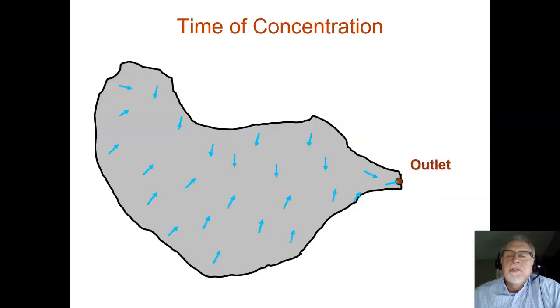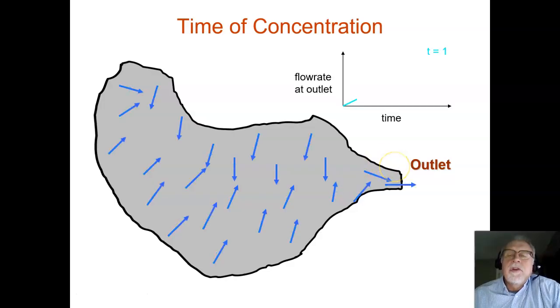So here's the idea. For a watershed, we want to come up with the runoff peak rate at this point here at the outlet. When it starts raining, the water near the outlet starts running off, and then as it rains, the water from farther up in the watershed has time to get to that point.